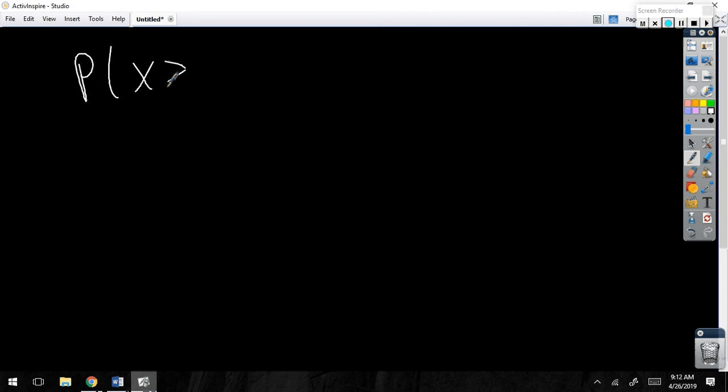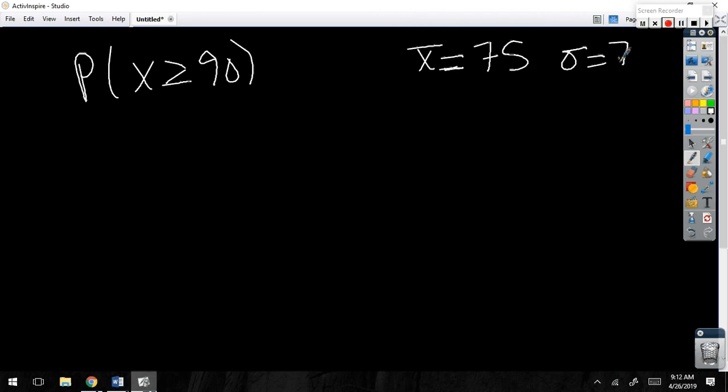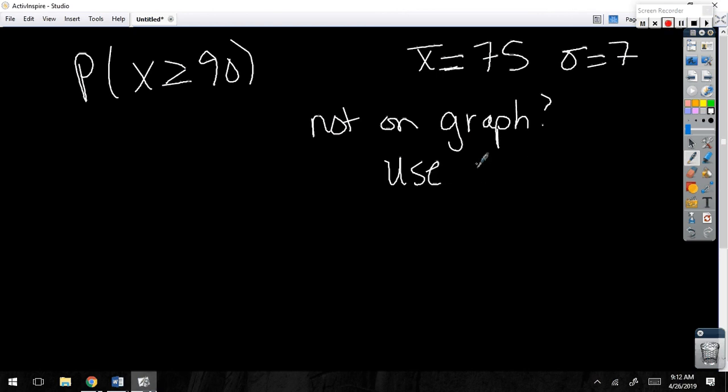If I asked you what's the probability that you make greater than or equal to 90, remember my mean was 75 and the standard deviation was 7. My magic numbers were those numbers that I listed along the bottom. But 90 isn't on your graph, so I have to convert it over to what I call a z-score. A z-score converts to how many standard deviations away it is.